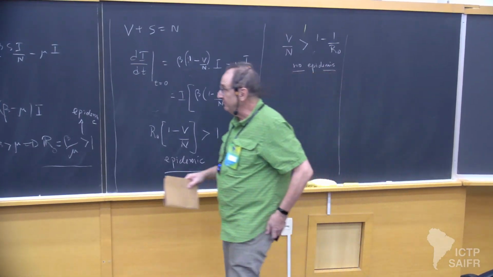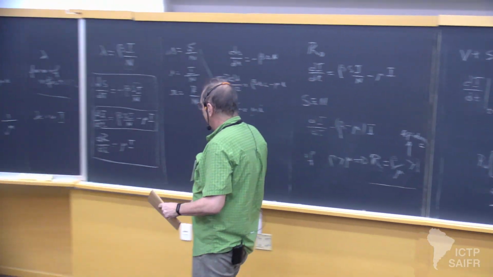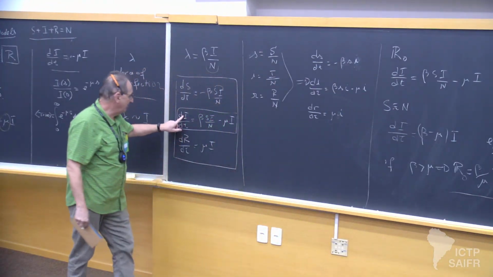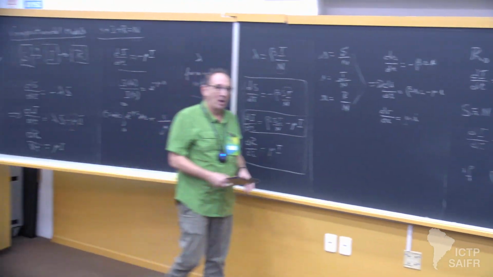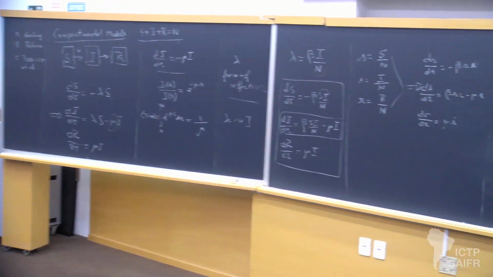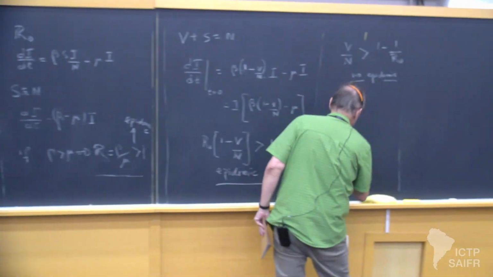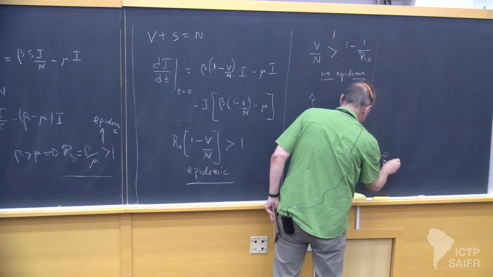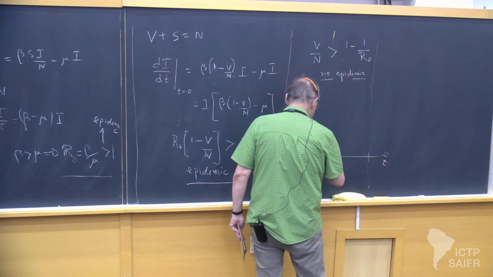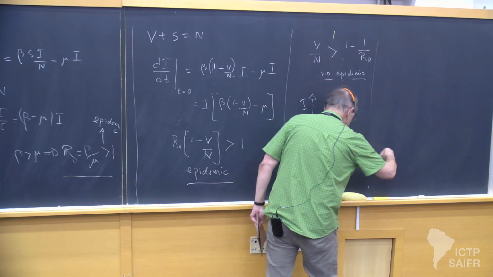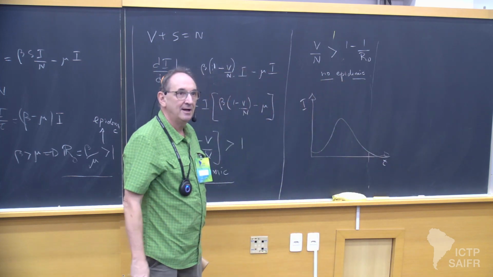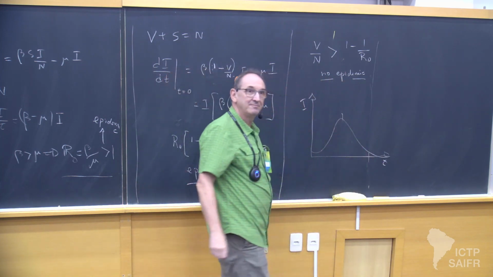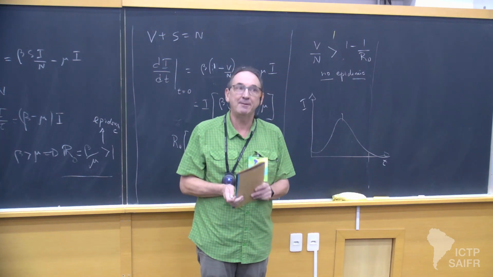The confusion comes from the fact that if you look at this equation, this will have a solution, for instance, like this for I. Let's say the solution for I and time is something that does something like that, and then you have a peak. Okay? And when does this peak happen?